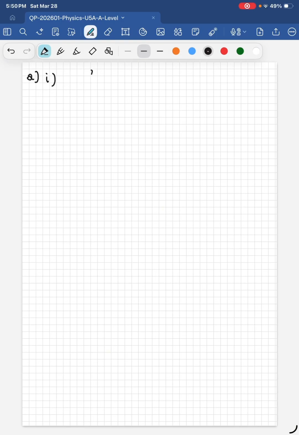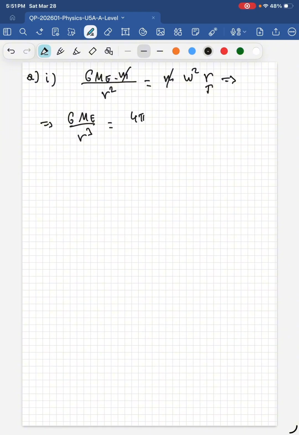So we have the force of gravity, G, mass of the Earth, times mass of the spacecraft over r squared, is equal to m omega squared times r. So m cancels, and we have G, mass of the Earth, over r cubed, where I pull this r diagonally down to the denominator, and omega we will convert to 4 pi squared over T squared.